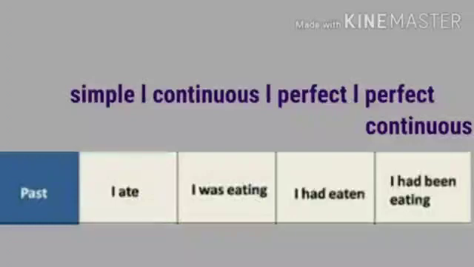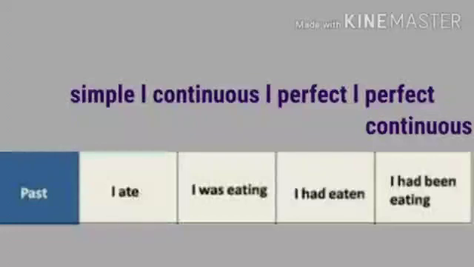In past perfect, it becomes I had eaten, means subject plus had plus the V3 form of the verb. So eat becomes eaten. And in past perfect continuous, we have I had been eating, means subject plus had plus been plus ing form of the verb, which is eating here.